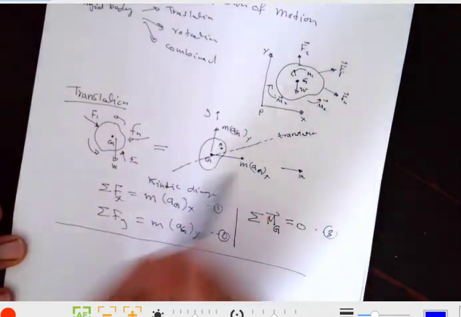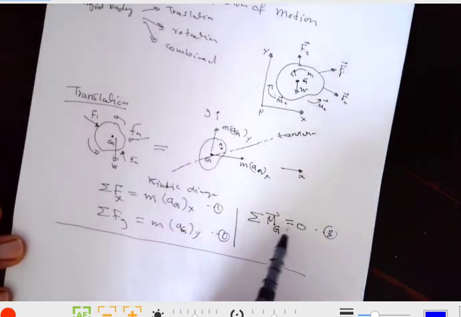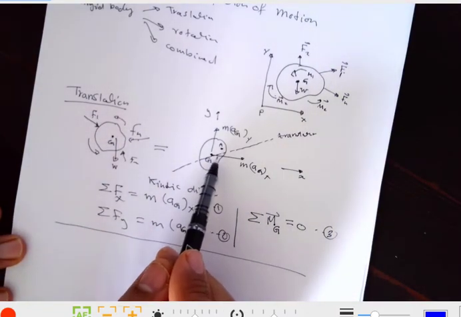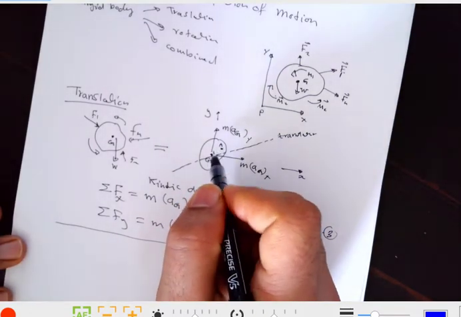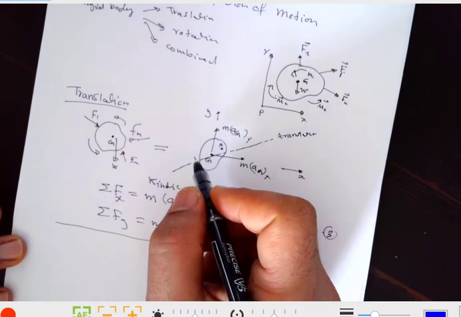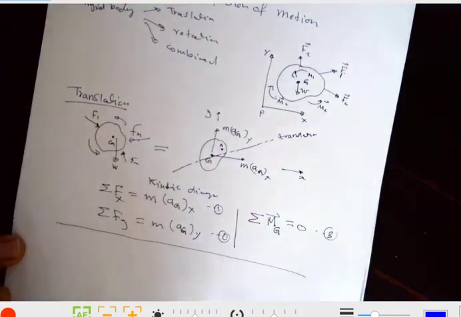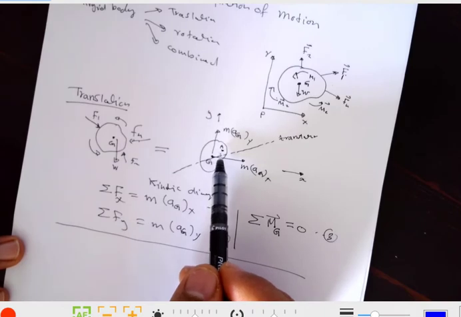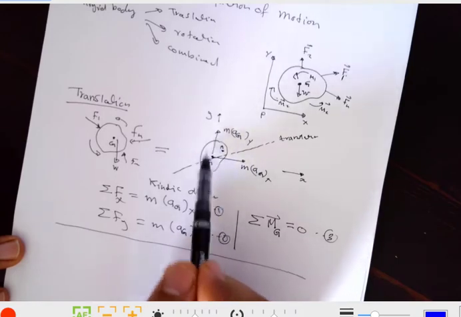Definitely, if this is translating, then the moment of all these forces and the free moments about G must be equal to zero. Or you can say also that this is true if I calculate the moment of the inertia about any point within the system.